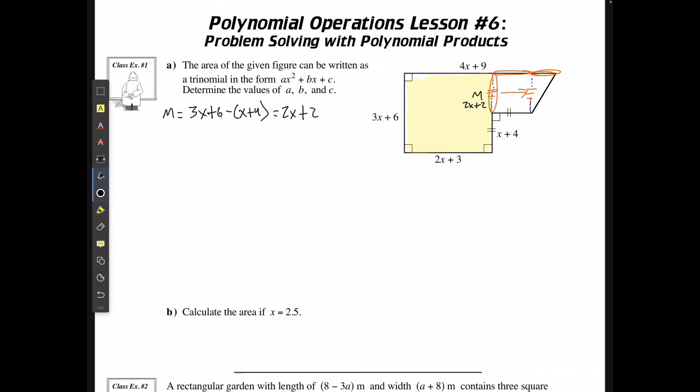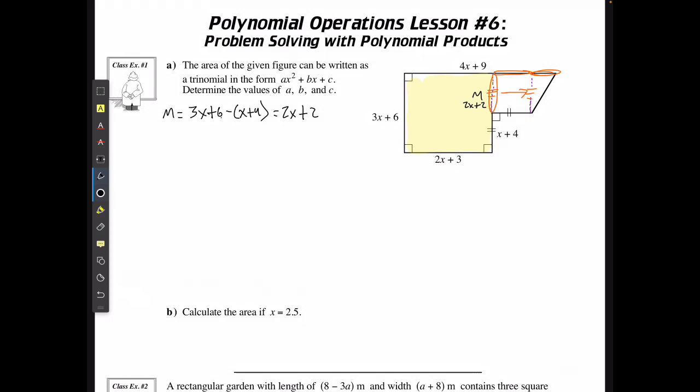Now, when I get up to the top here, like I said, if I know how to do the area of a trapezoid, I can make this a lot easier on myself. I can take the area of the trapezoid all throughout here, and I just need to solve for what this one side length is.